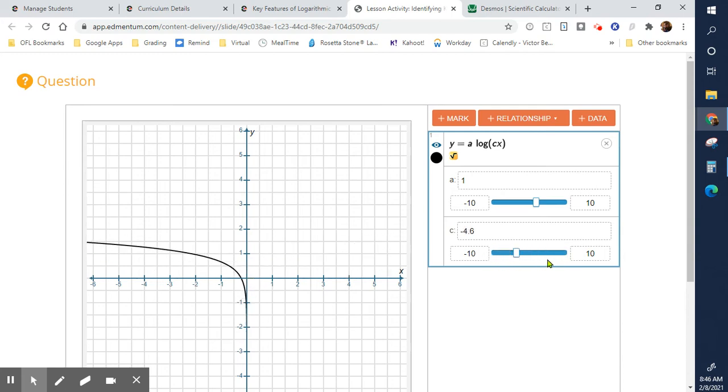So we're going to move around with this. Changing the C, if we look at it, changes how it grows a little bit. So I'm going to talk about that first. And when it becomes negative, it looks like it flips it over on the y-axis. So this is what I meant by you can technically have it negative, but if you have it negative, it can never be positive. All right.